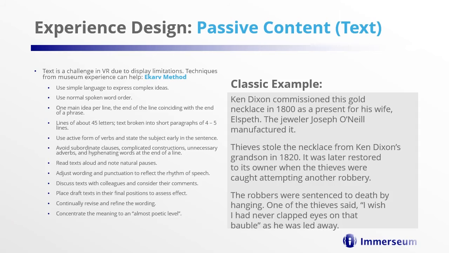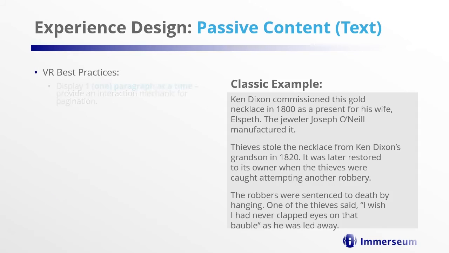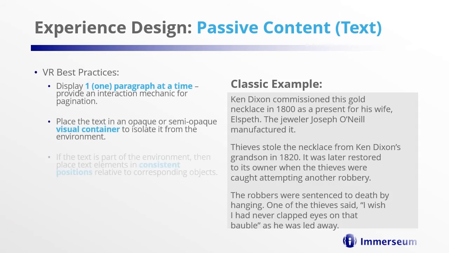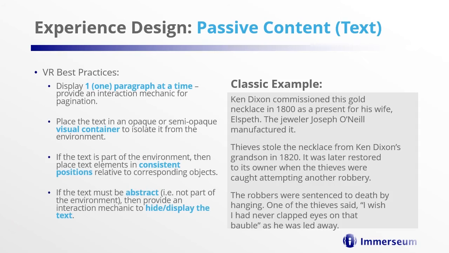But basically, in VR, we recommend going a little bit more conservative with it. And that's mainly because of the visual constraints of the headsets. Because basically, we recommend using 1 paragraph at a time, and we recommend certain design choices about how to separate the text from the environment to make it easier for people to read.